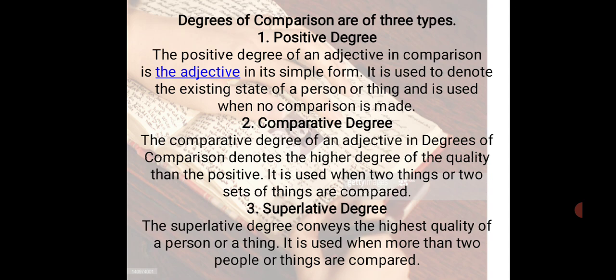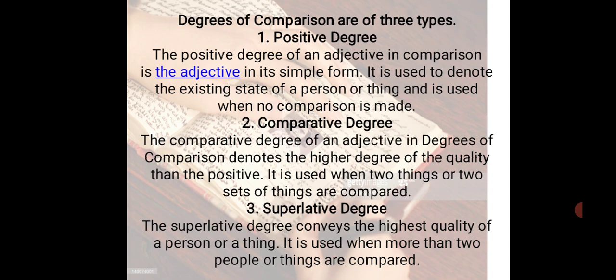Number two, the second type of comparison is comparative degree. The comparative degree of an adjective in degrees of comparison denotes the higher degree of the quality than the positive. So, what is it denoting?